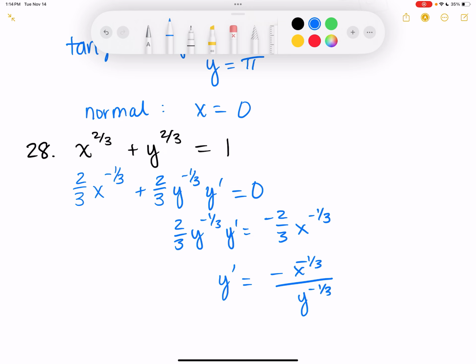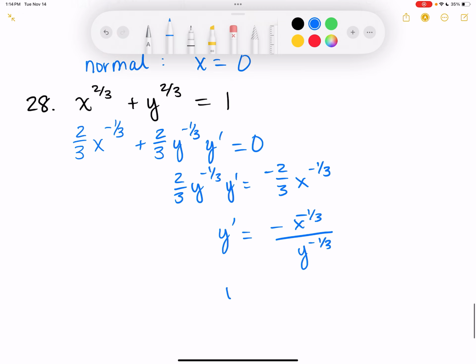Okay, that's a little better. Because those have negative exponents, I can flip the whole thing. So y prime is equal to negative y to the 1/3 divided by x to the 1/3. And the negative is just out front, so we don't have to worry about that.